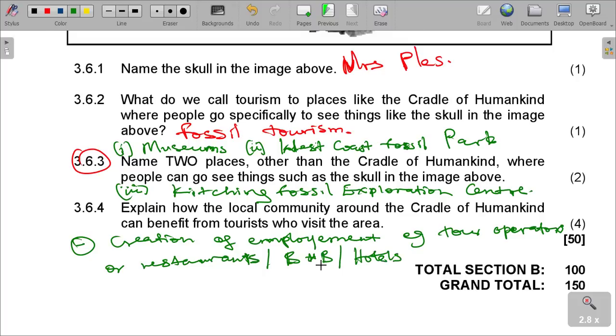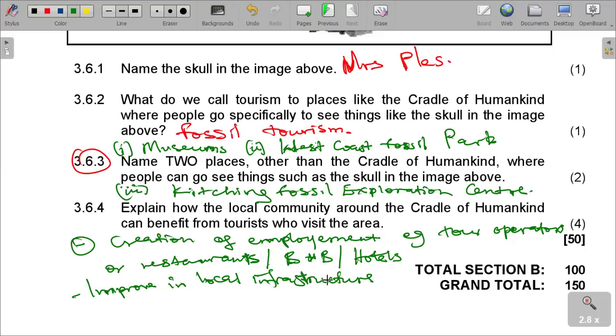We can also talk about things such as government may also upgrade facilities, improve local infrastructure. We can talk about many other things such as also development of any other parasitic industries that can also benefit the community there.